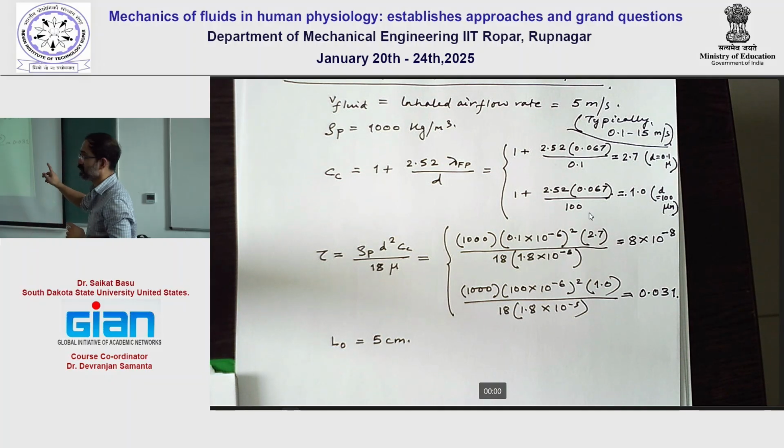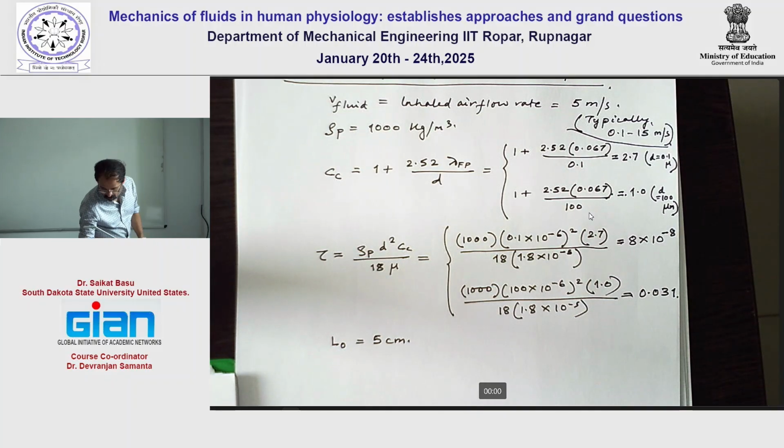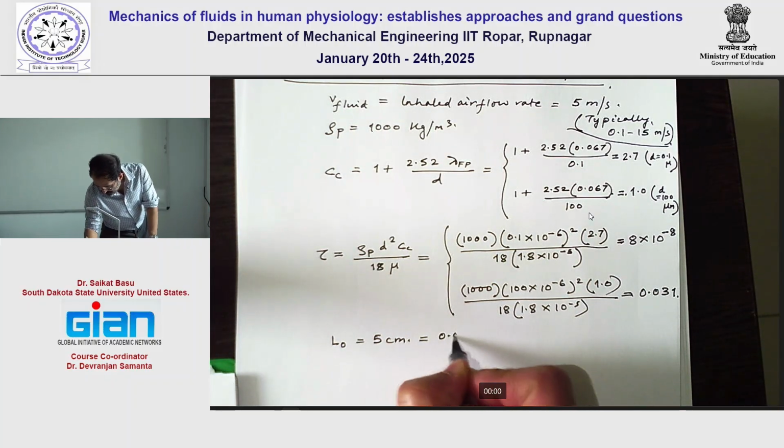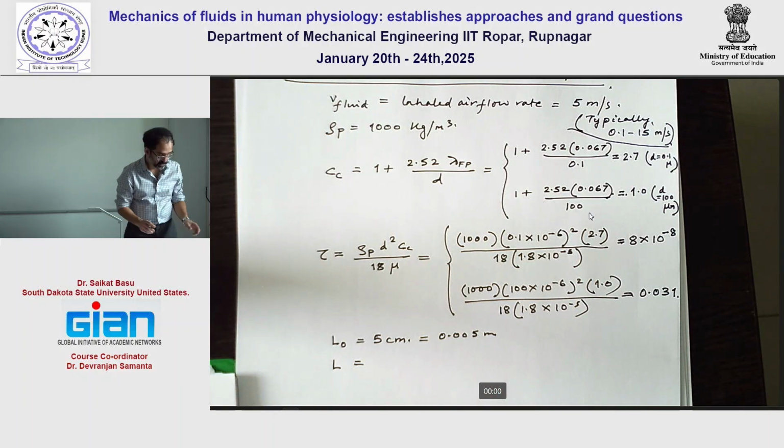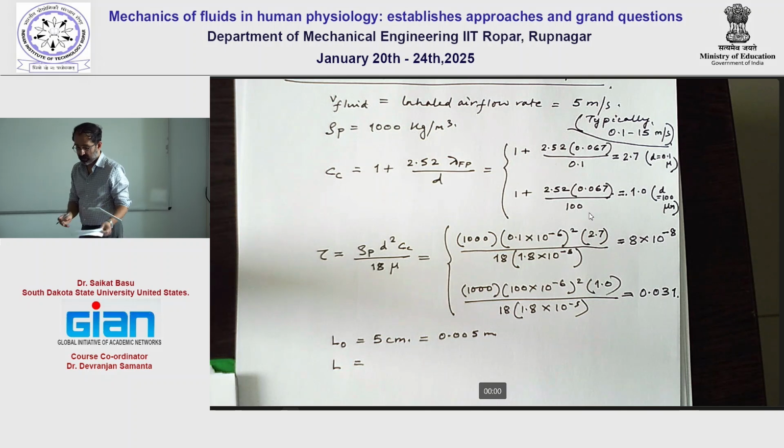And I'm sure no one has done anything like that before. Even in the paper that I showed you, he did not get into the anatomically realistic geometries. For now, let's assume that L0 is 5 centimeters, so 0.005 meter, and L is the radius, right?